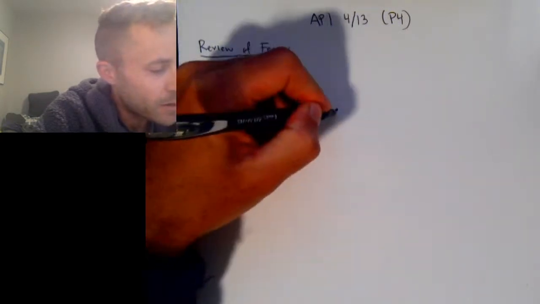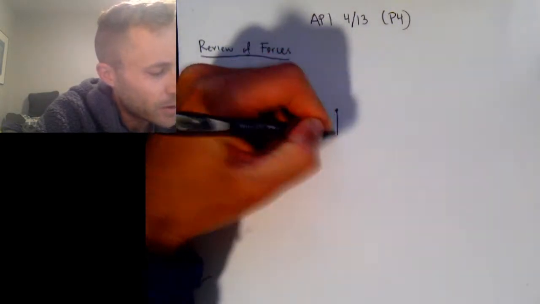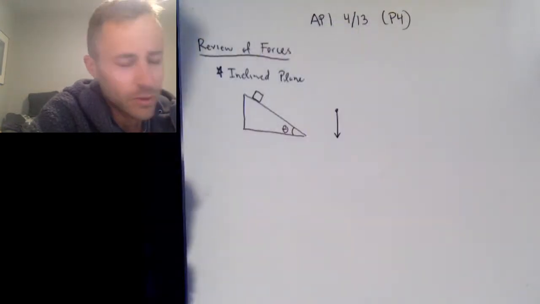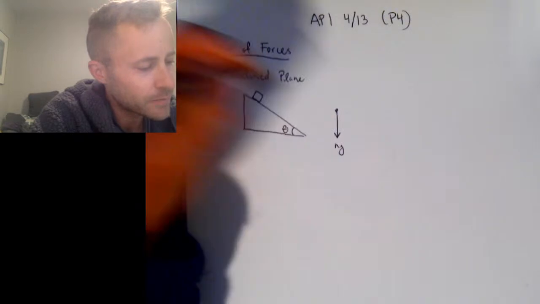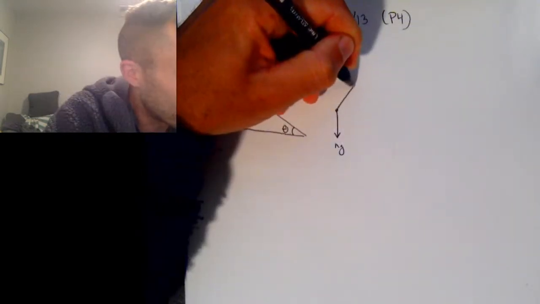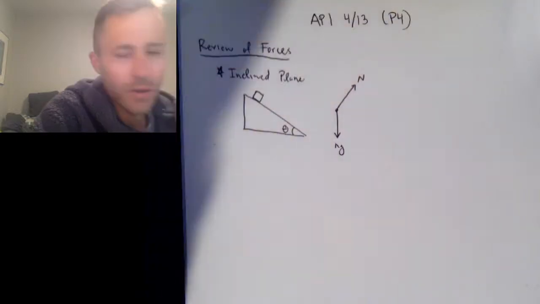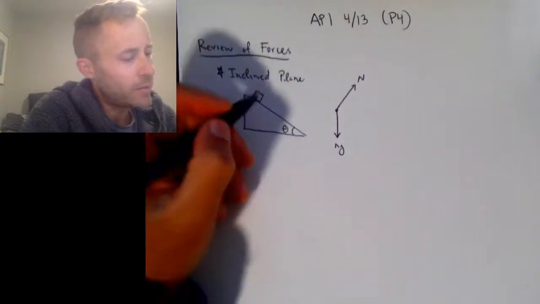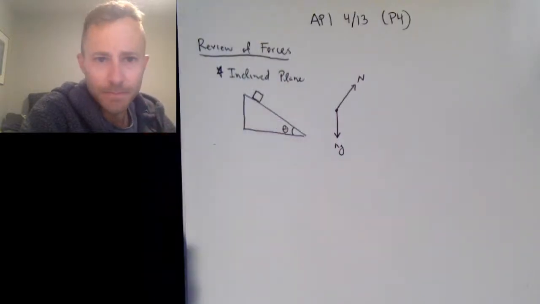Okay? So one of them is the weight force. So that is mg. The other one is the normal force. The normal force is the force of contact between two surfaces, and it points perpendicular to the incline.